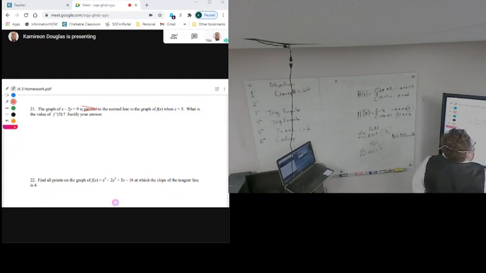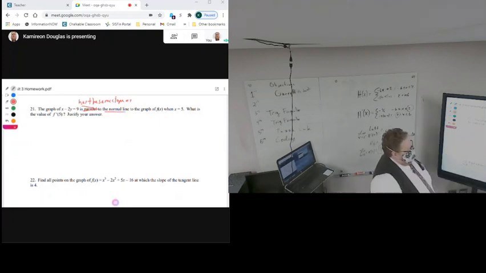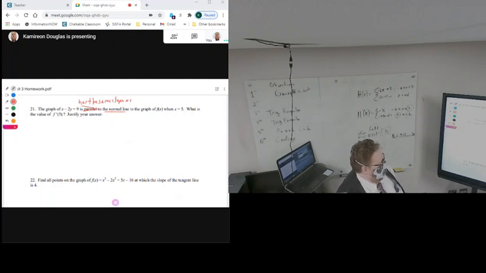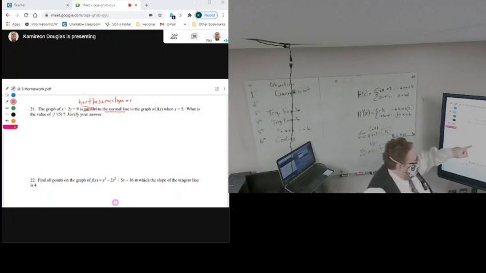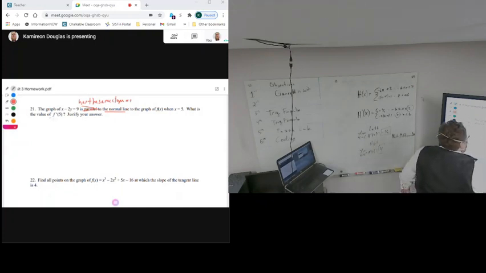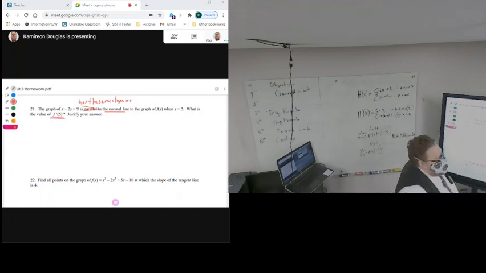The graph of x minus 2y has the same slope as the normal line to the graph of f of x when x equals 5. Now, what do we know about the normal line compared to f prime? So it has the same slope as something perpendicular.